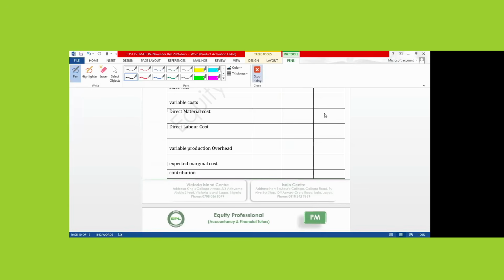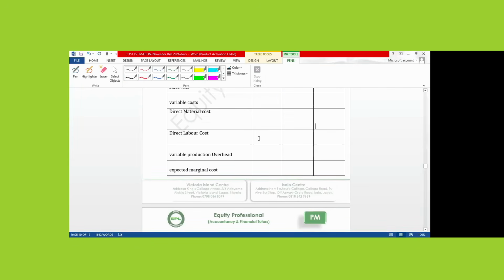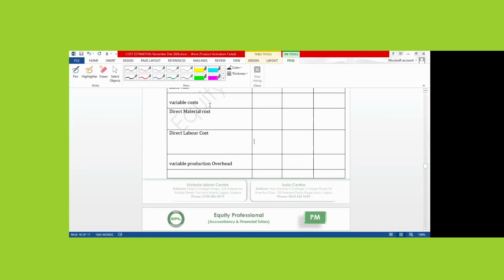I want to expand the bus more. Now look at this. You are going to say 100% is 9,000 units.